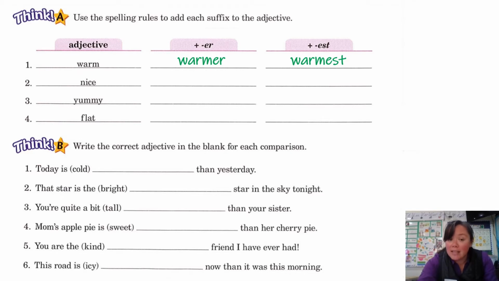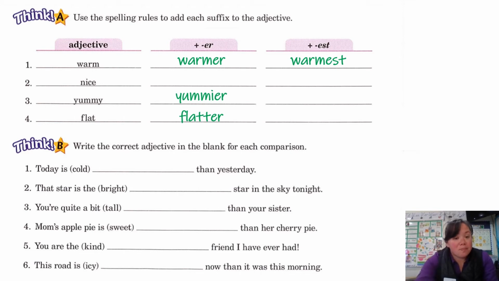For yummy, it ends with a Y. If you remember your spelling rules, we need to change that Y to an I before we add the suffix. So change the Y to an I and add ER. The same would go if you're adding EST. Number 4, flat. Since it's a short vowel and one consonant at the end, we have to double that consonant before we add the suffix. Hopefully you guys can remember some of these rules from 2nd grade and even 1st grade actually.